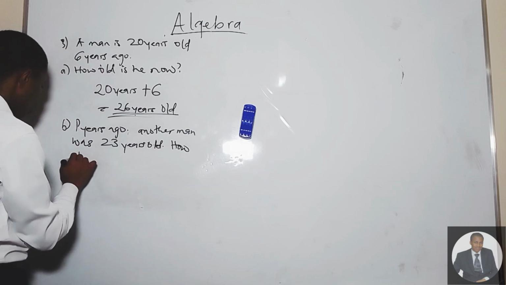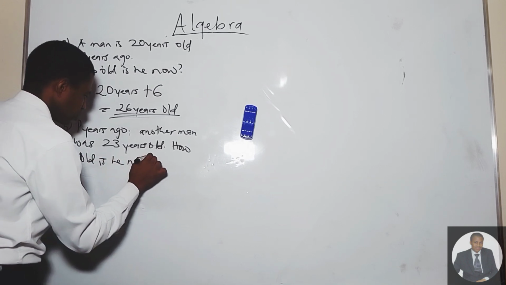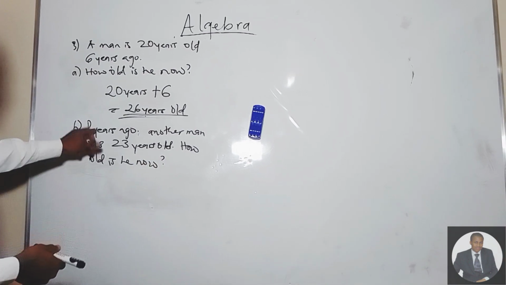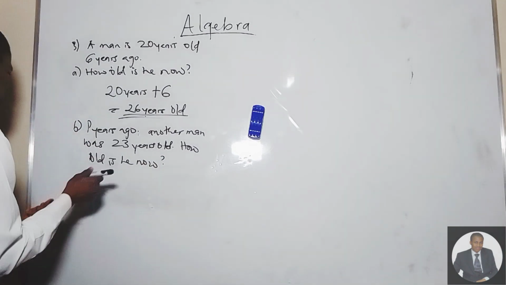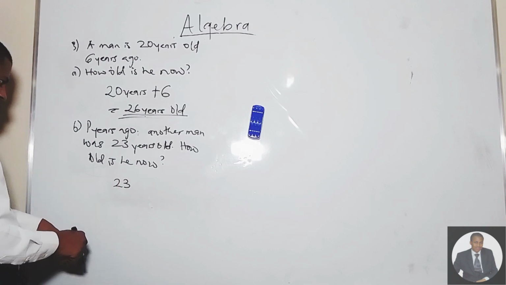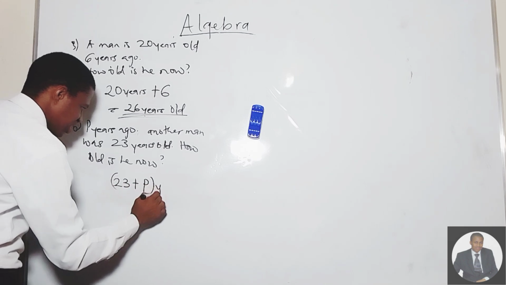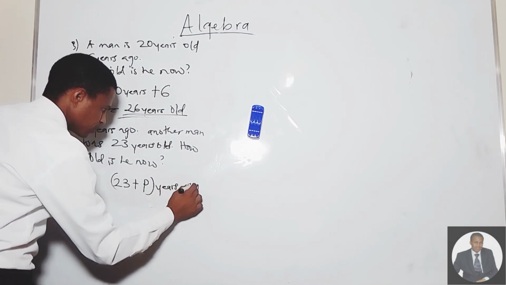How old is he now? Now, P years ago, another man was 23 years old. Now, it will be 23 plus P years old.